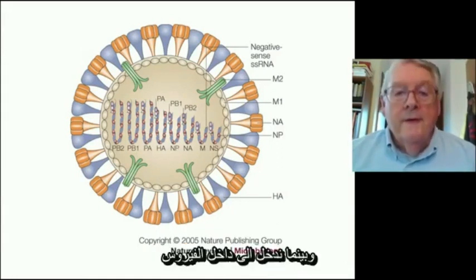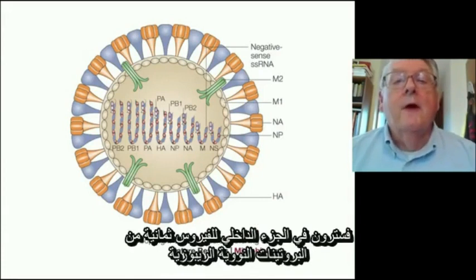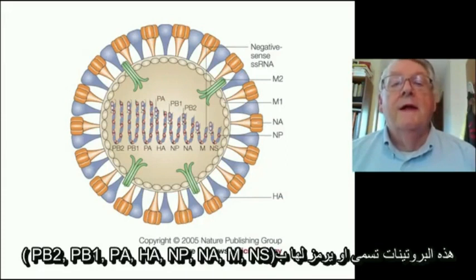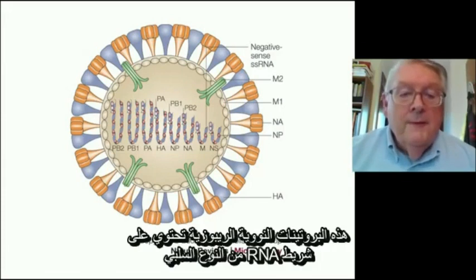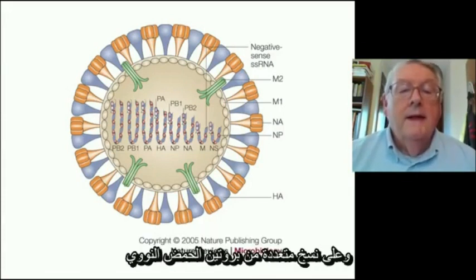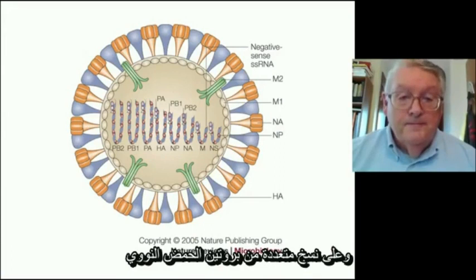As we enter the virus particle, the interior, you see there are 8 ribonucleoproteins labeled PB2, PB1, PA, HA, NP, NA, M, and NS. These ribonucleoproteins contain negative stranded RNA and multiple copies of the NP protein, the nucleocapsid protein.